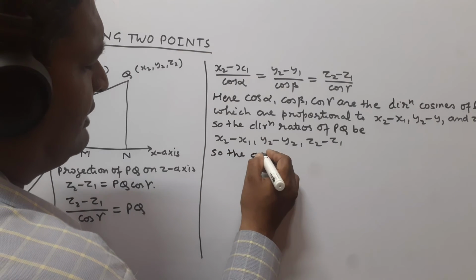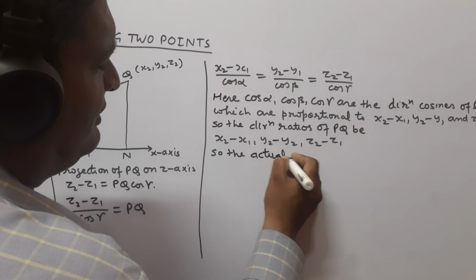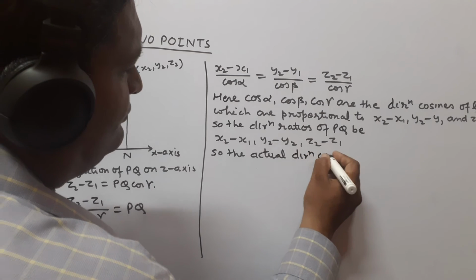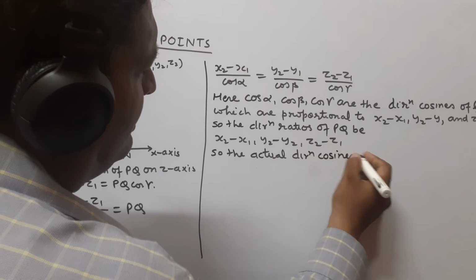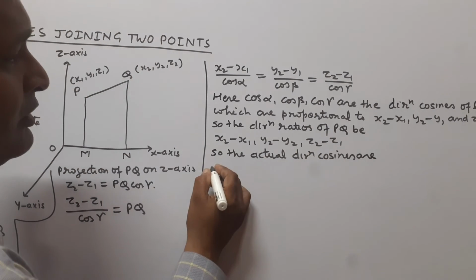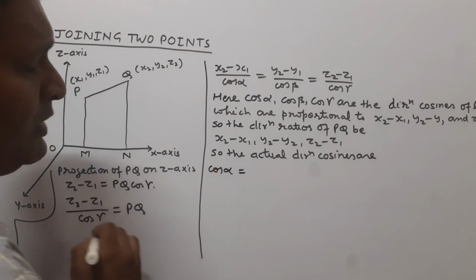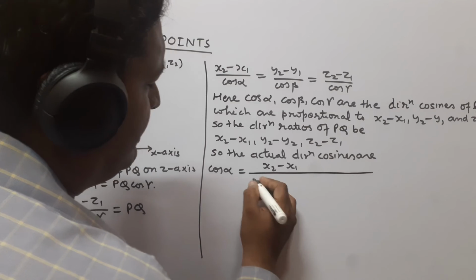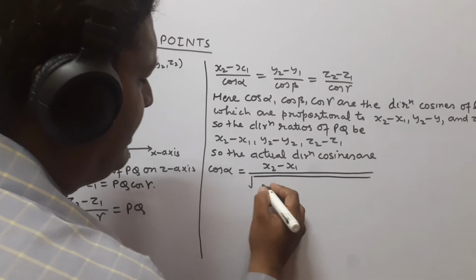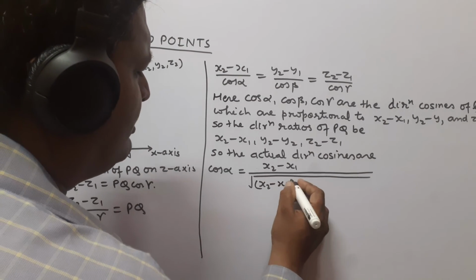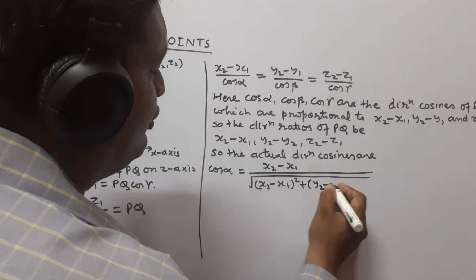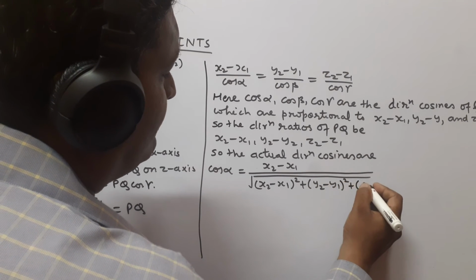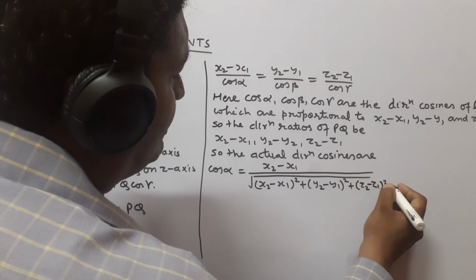So the actual direction cosines are cos alpha equal to x2 minus x1 divided by under root of x2 minus x1 whole square plus y2 minus y1 whole square plus z2 minus z1 whole square.